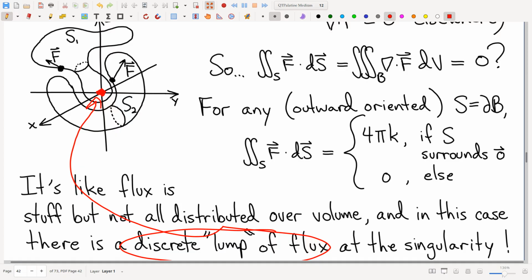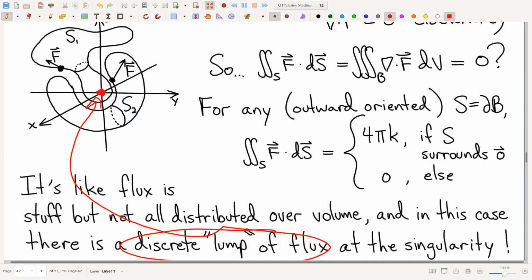There's no stuff anywhere inside of S2. There's a lump of stuff outside of S2, but that's not the interior. That's not part of the region that S2 is the boundary of. So there is no stuff inside of S2. So we think that flux should be 0. And again, it is.